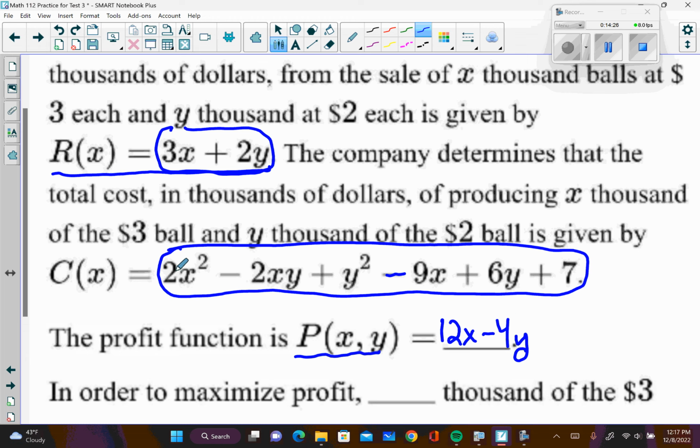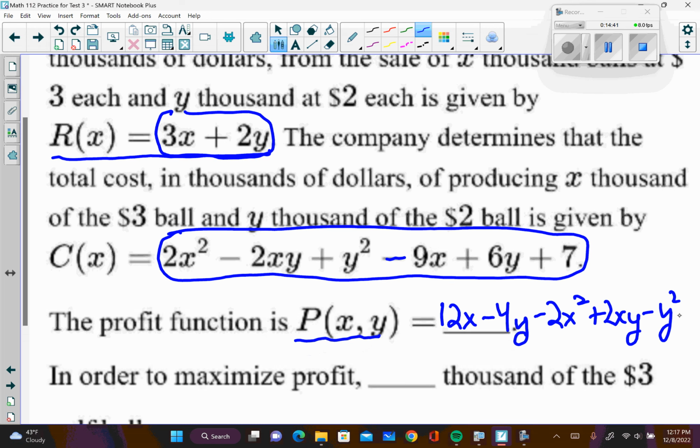So it's going to be minus 2x squared and a minus, so that will be a plus 2xy. And minus a y squared. This we already dealt with, and this also, but we also have minus 7.